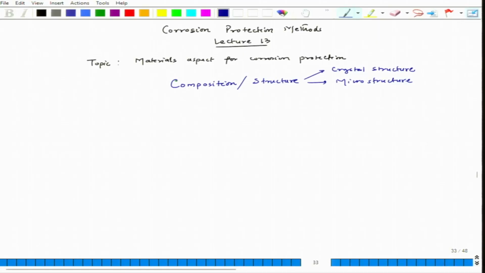Of course, there would be an effect of processing. For example, if we maintain the same processing, let us say furnace annealing, and we have 0.1% carbon steel, 0.2% carbon steel, 0.8% carbon steel. Okay. If we do furnace annealing for all those three cases, we will see that gradually the pearlite content will increase.